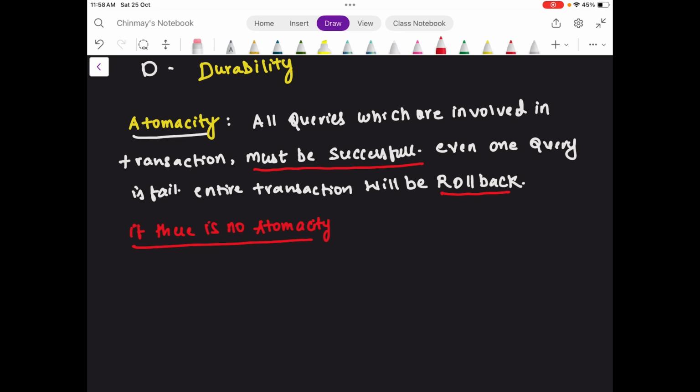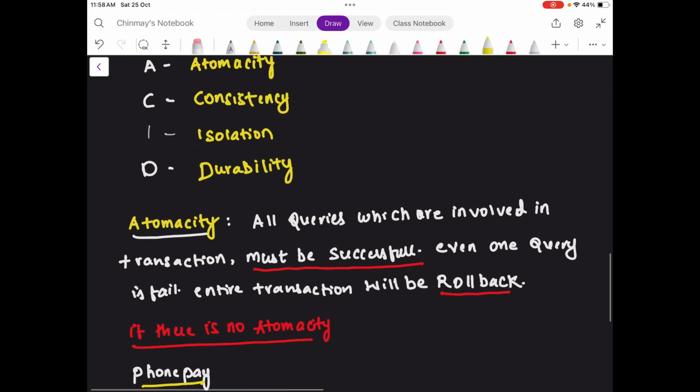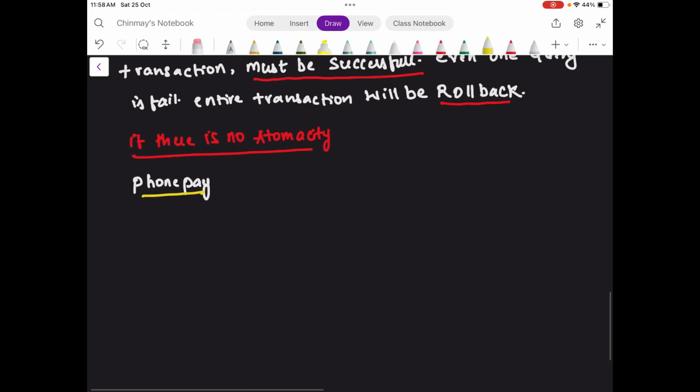If you have an application called PhonePay, and let's imagine that there is no atomicity for PhonePay. Let's take this transaction example. What are the operations the transaction involves? Let's recap. The first one is a select operation to check the balance.